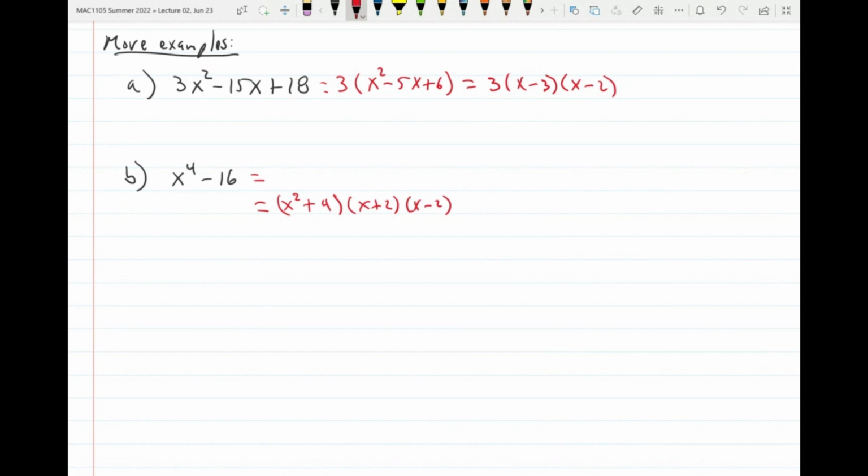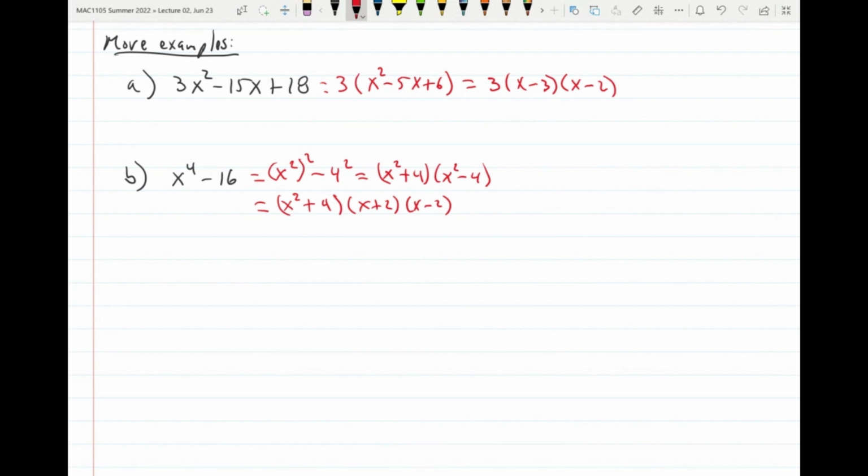Good. In other words, this right here is a difference of squares. You can recognize it, right? Because you can think of this as x squared squared minus 4 squared, okay? So the initial factorization using the formula would be x squared plus 4, x squared minus 4, but remember, you need to factor completely. So this one, we cannot factor further over the reals.